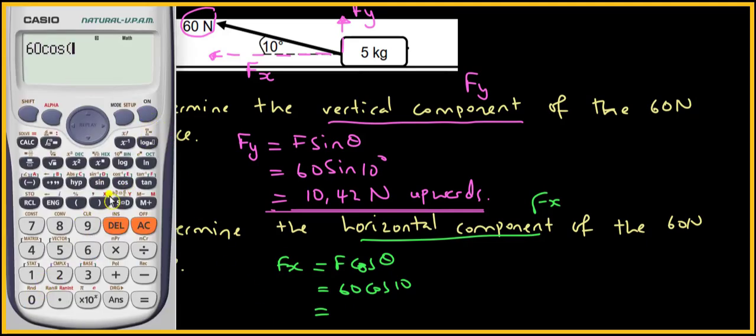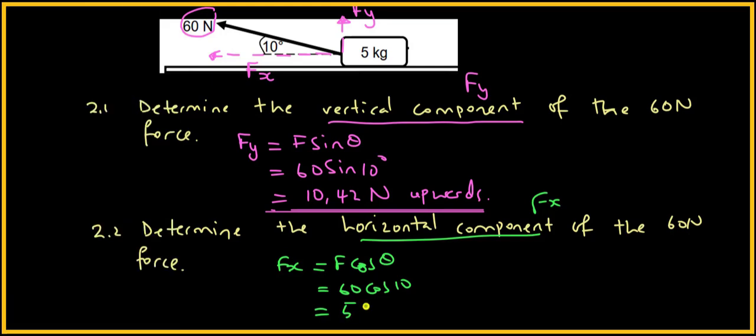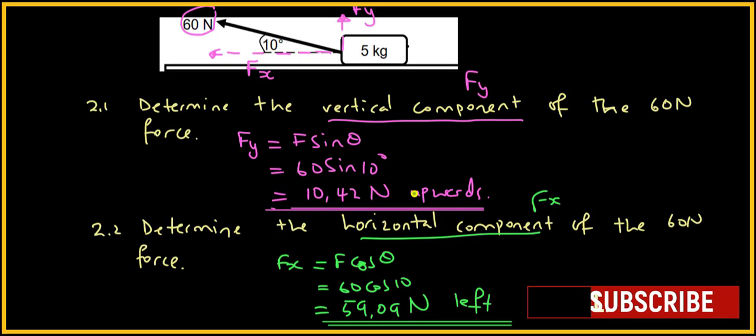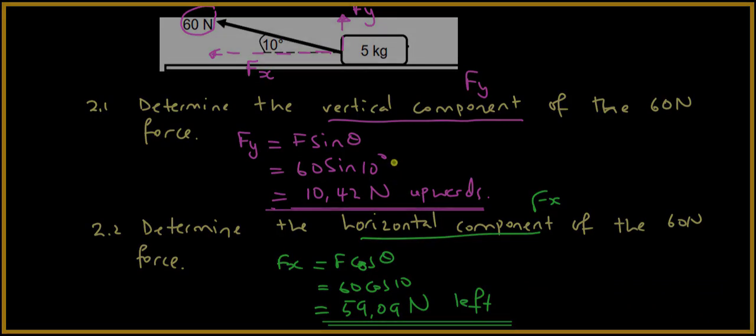Let's calculate 60 cos 10. I get 59.09 newtons, and this is to the left. All right, so this is how we simply resolve vectors into their components.